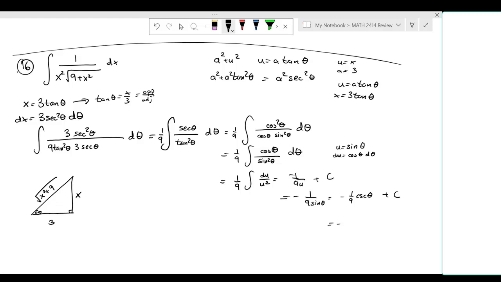Okay, so cosecant, it looks like, would be hypotenuse over opposite. That's pretty good.